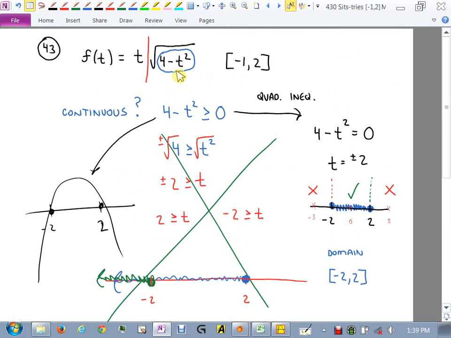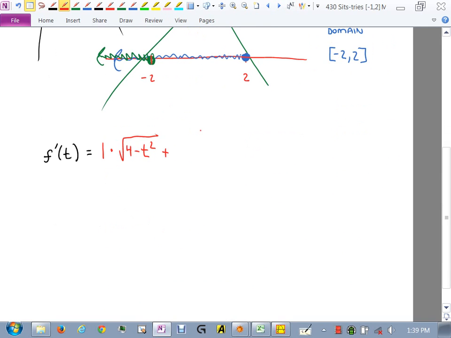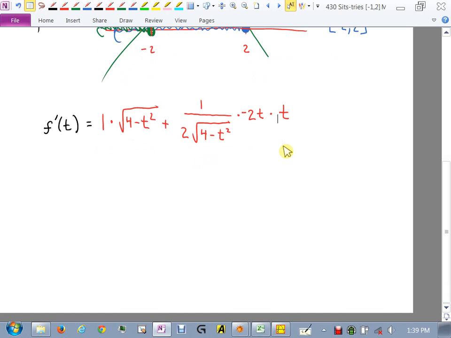Derivative of the square root of something is 1 over 2 times the square root of that something. Am I done? Times negative 2t, right? Because the derivative of what's inside of that, derivative of 4 was 0, derivative of negative t squared is negative 2t. Am I done? Times t, because that's the first function. Okay, so there's my derivative.